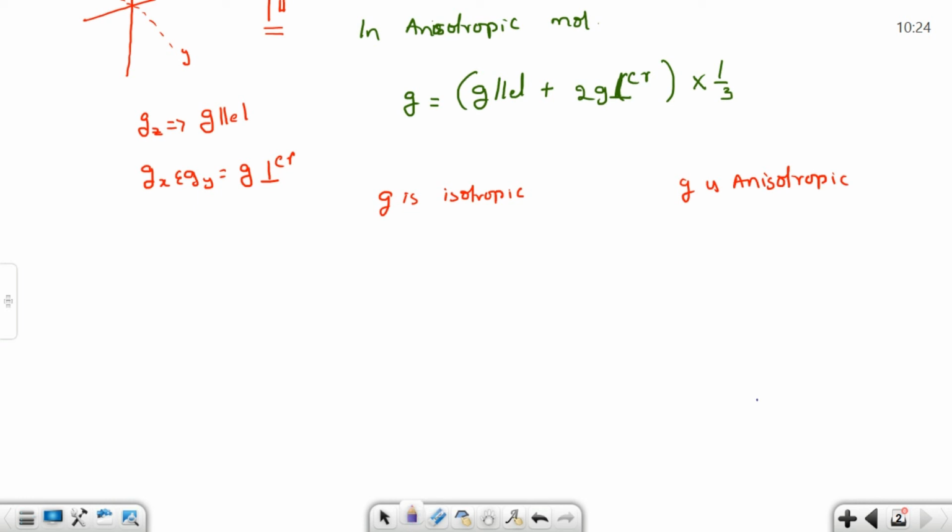When the G value is isotropic, you are going to get a sharp signal. But when the G value is anisotropic, we are going to get distorted signals.